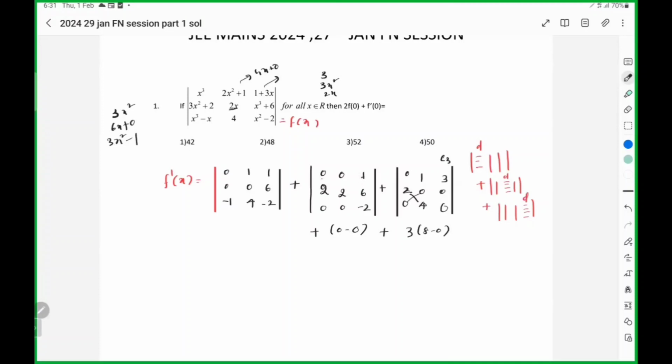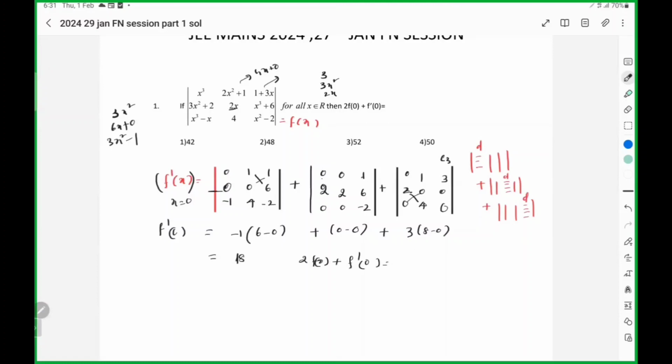Evaluating the determinant with respect to the first row. Here I evaluate the determinant with respect to the first column. Minus 1 into 6 minus 0. So f dash 0 is 18.